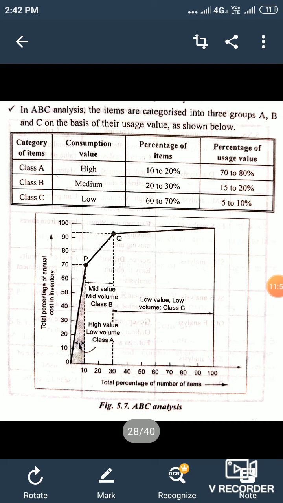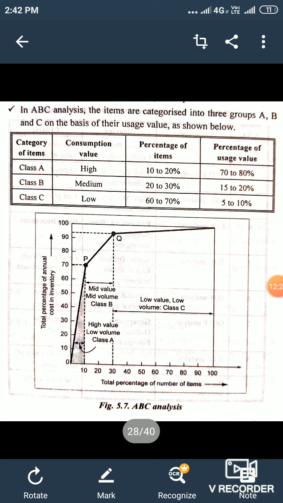We can plot the values of the table in this graph, and we get in the x-axis, that means at 10 percentage of items for high valued items of 70 to 80 percentage, that is 70 percentage is plotted in the y-axis, carrying percentage of total inventory cost.